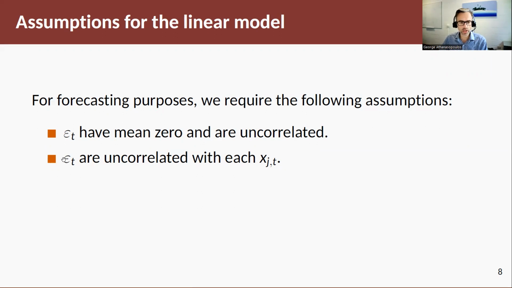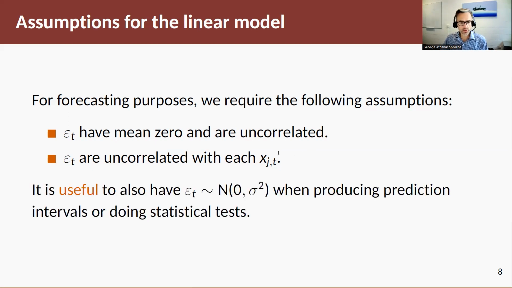We also assume that our errors aren't correlated with each of the x variables. Now, this is a little bit harder and may be violated, especially in cases where we have omitted variables, where a variable might be correlated with both the response variable and the predictors, and hence this assumption is violated.